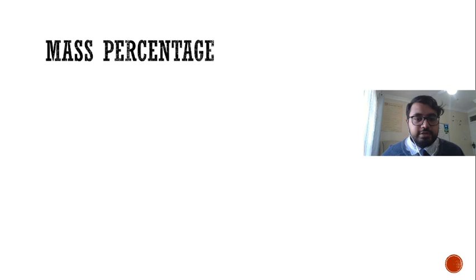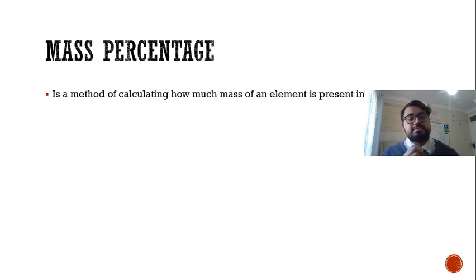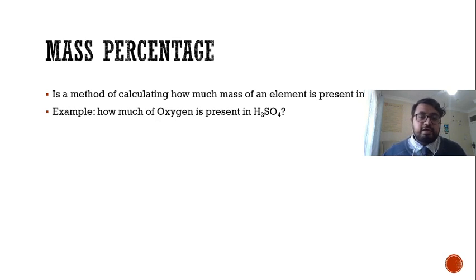We're going to start off with mass percentage. Mass percentage is a method of calculating how much mass of an element is present in a compound. So we have the compound H2SO4, which many of you know is sulfuric acid, and we want to know how much oxygen is present in the compound, because you see we have three different elements making up that compound, and we have four oxygens present.